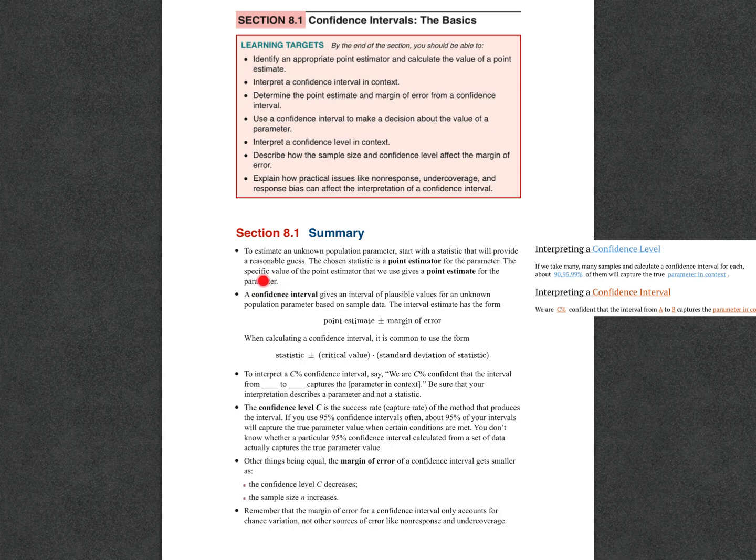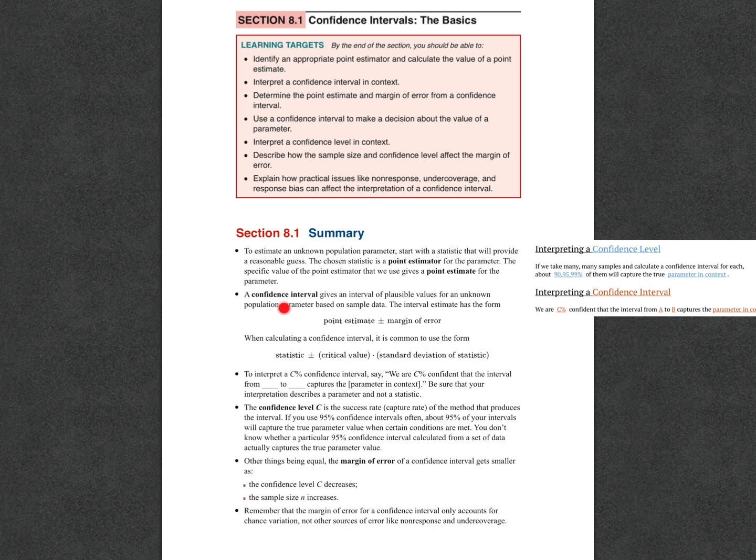The specific value of the point estimator is called the point estimate. A point estimator is this general idea of a type of statistic that you're going to use from a sample to generalize and estimate a parameter with. And then the actual value of the point estimator is called the point estimate for a given sample.